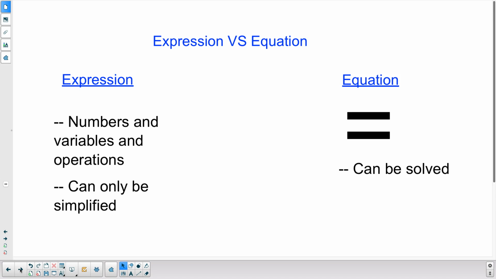All you can do with an expression is combine like terms, because there are no 2 sides to it. It's only one single solitary side, so you can just mold it and shape it. That's it. An equation has an equal sign, and those can be solved. I can solve it for x, or I can solve it for y. Whichever variable I have, I can solve for that one. So that's the big difference.